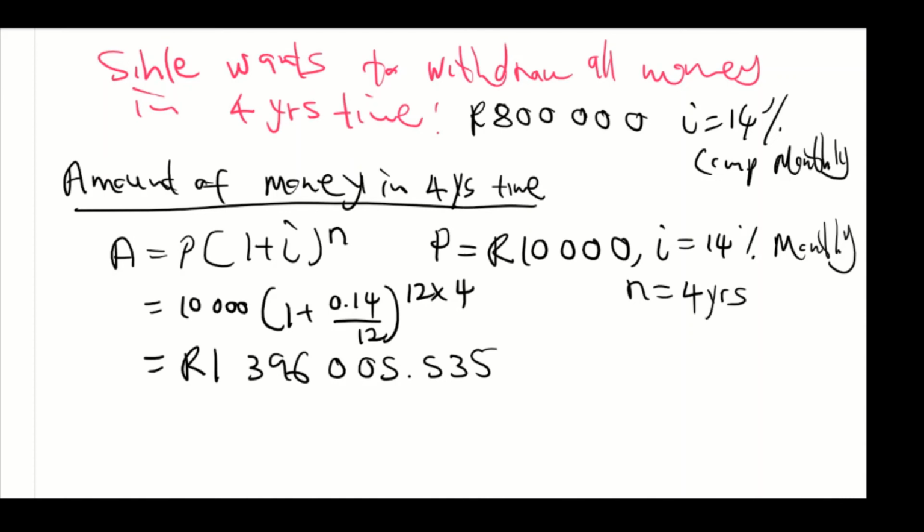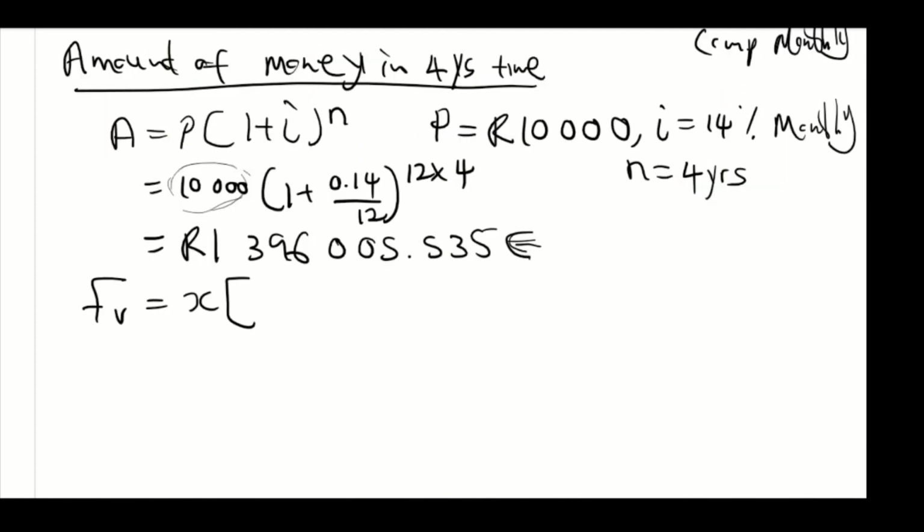So this is the amount of money that will be in his account, right? If, let's say, for example, we assume that this 10,000 rand is being invested into the account, then we'll be having this amount of money in the account. But we want to know how much money will be in the account in 4 years, right? So this would be the total amount, and then we will use our future value annuity formula.